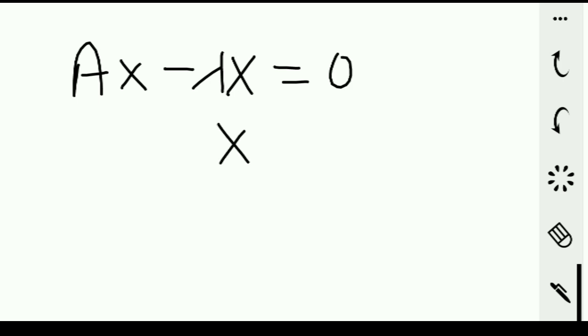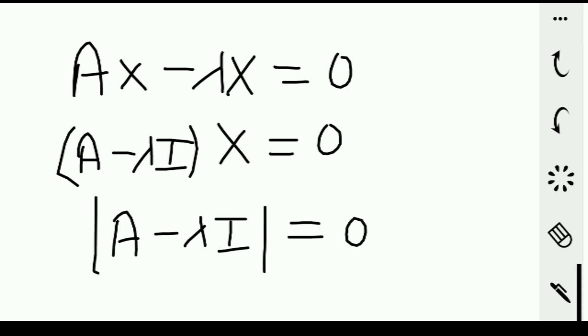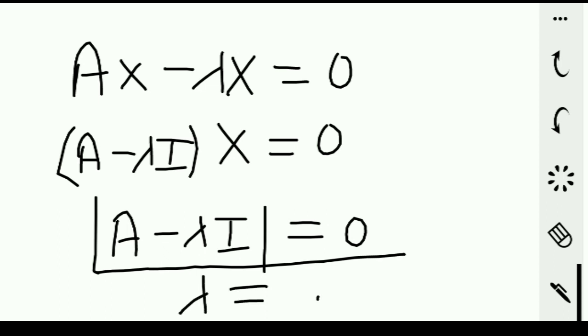Now we can take x common, so we are left with (A minus lambda I) into x is equal to 0. Then by setting this determinant value to 0 and solving this determinant, you could get the possible lambda values, and that will be our eigenvalues.